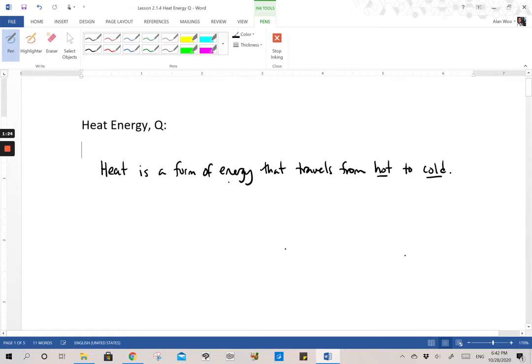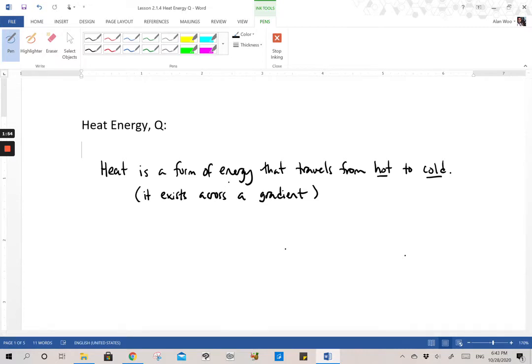We say that heat energy exists across a gradient. What that really means is heat energy doesn't require any additional energy for it to move from one place to the other. It just does it naturally.